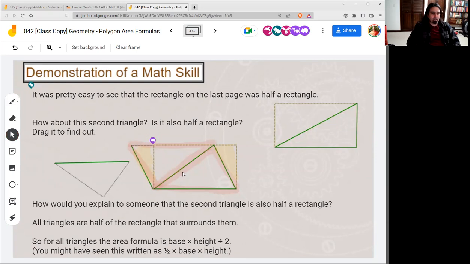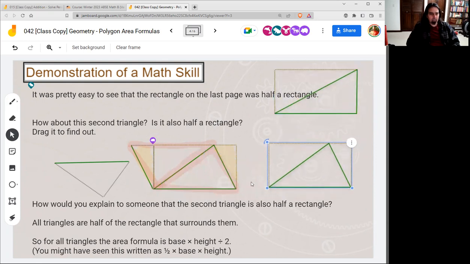And if you believe me that my two red triangles are the same, then it makes sense that my original triangle is half of its box, because the box was just the original triangle and these other two pieces.